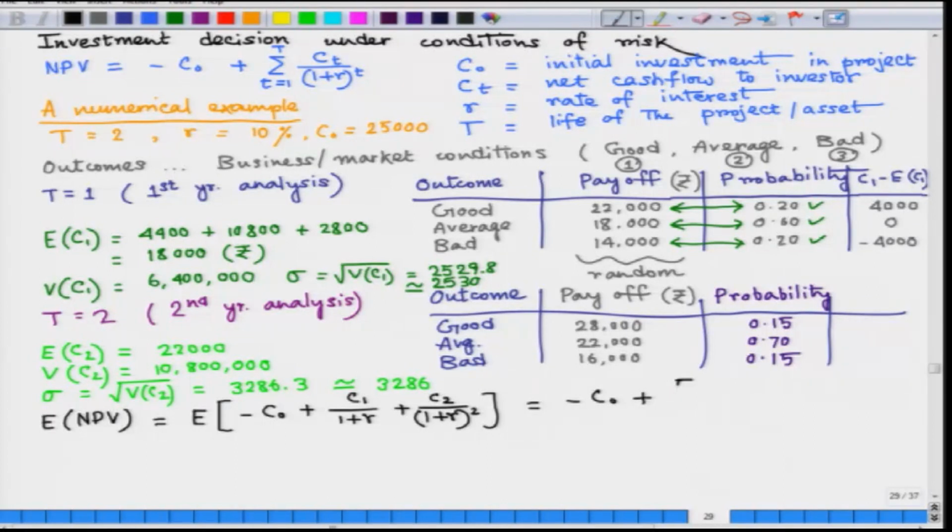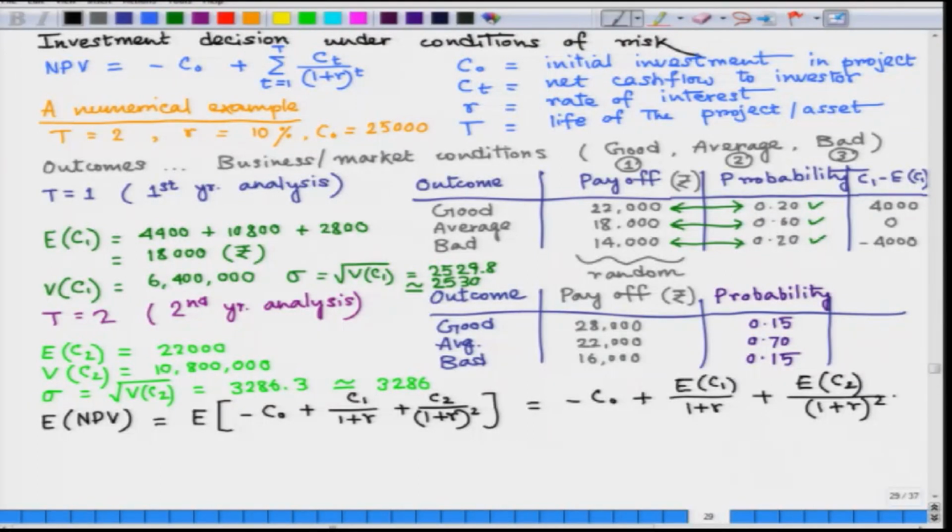So, we get the expectation of C1 divided by (1 plus R) plus the expected value of C2. That is basically the expected value of the cash flow in period 2.